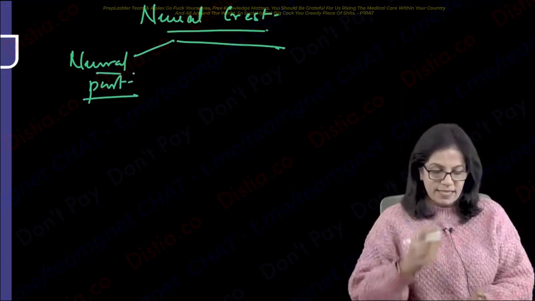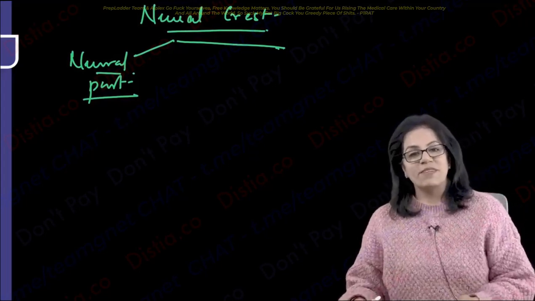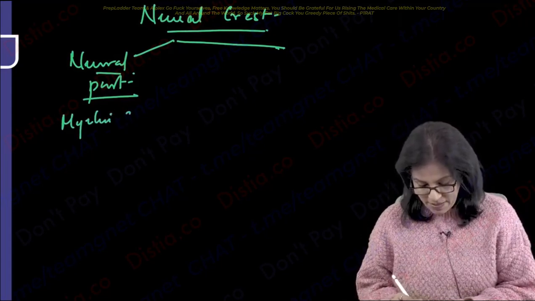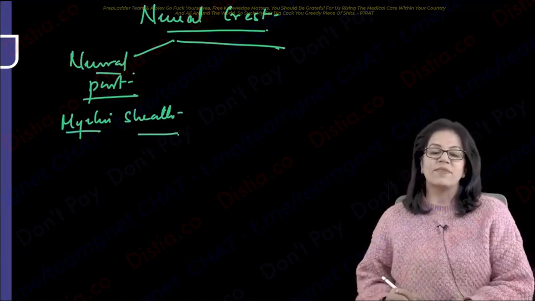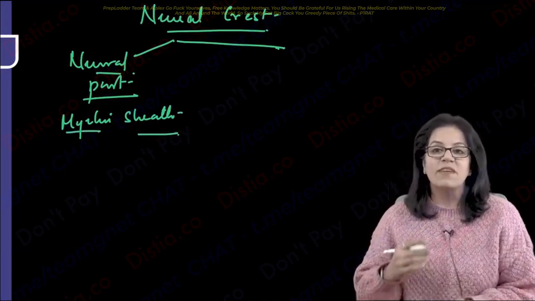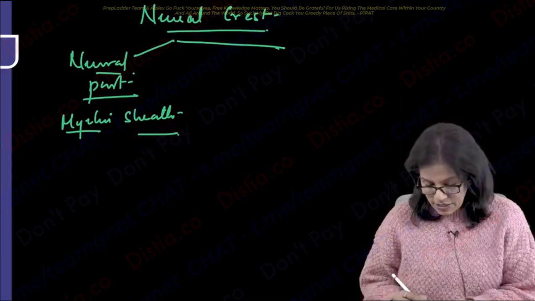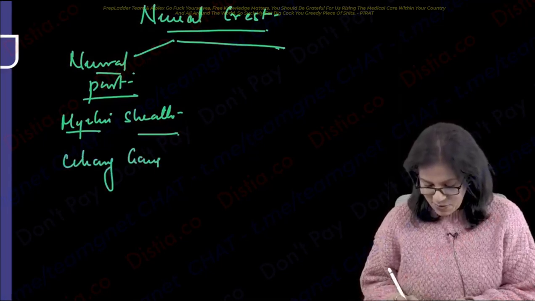This hasn't been asked to you, but we will just put it here. This is mainly the myelin sheath we are talking about. We all know myelin sheath is derived from oligodendrocytes in the central nervous system and from Schwann cells in the peripheral nervous system. Okay, so myelin sheath is derived from here. We can also learn ciliary ganglion. We have talked so much about ciliary ganglion.